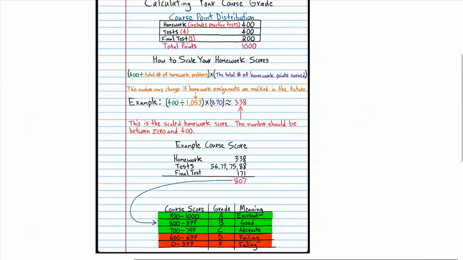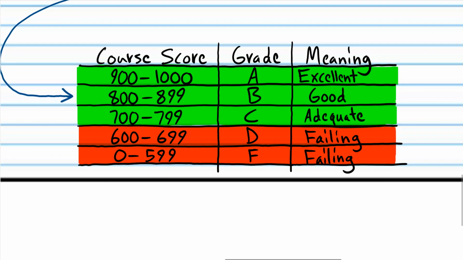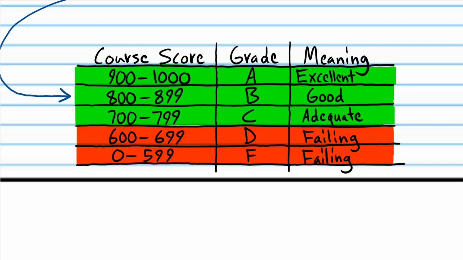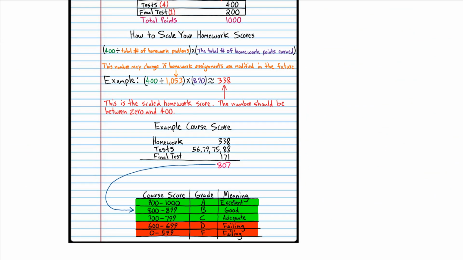So that's pretty much it for this course. If you scored in the green, then I'm very proud of you. Good job. This is a very important point in your math education, because now that you're done with intermediate algebra, you're ready to start taking what is considered to be college level mathematics courses.